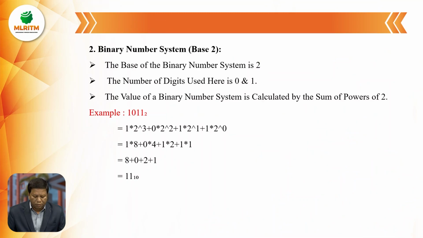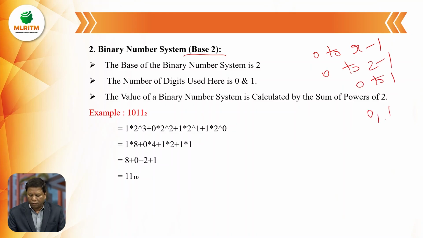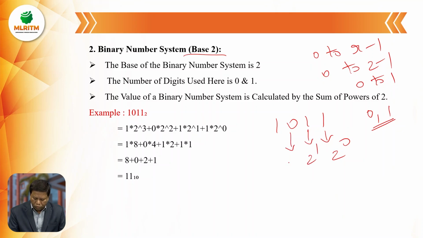Next, the binary number system. The base value is 2. 0 to r minus 1 means 0 to 2 minus 1, so we get 0 to 1, that is 0 and 1. These are the digits of the binary number system. The value of a binary number is calculated by the sum of powers of 2. Take 1011 as a binary value, calculated with powers of 2: 2 power 0, 2 power 1, 2 square, 2 cube.